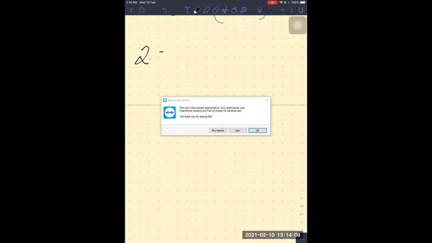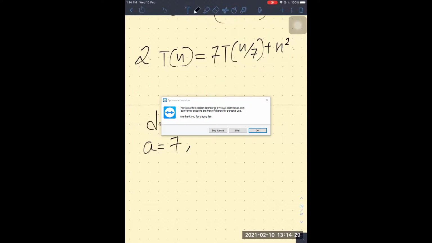Okay, so for the second example, let's consider T(n) equals 7 times T(n/7) plus n squared. So here we have d equals 2, a equals 7, and b also equals 7.